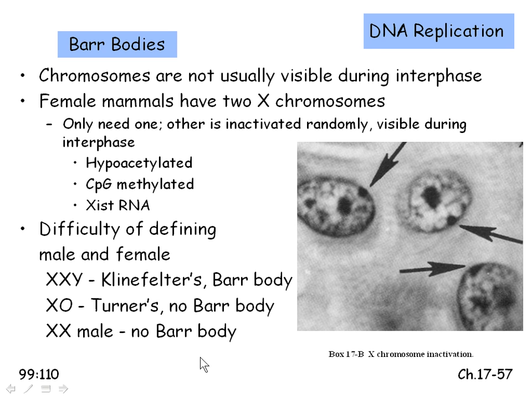An XX male? Right. So an XX male is the result of translocation from a Y chromosome of a gene that's necessary for definition of a male. It's one specific gene, called the SRY gene, that's translocated onto an X chromosome from a Y chromosome.